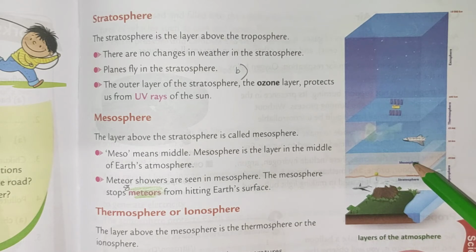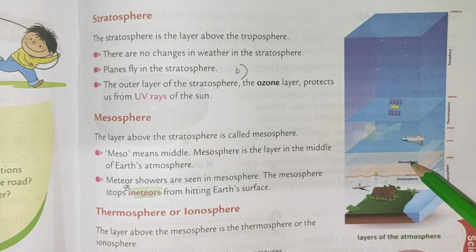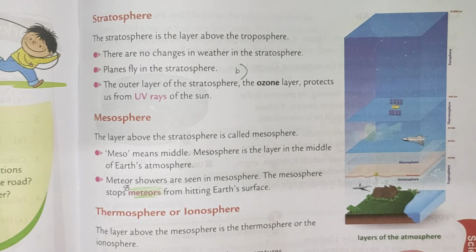The third layer or the middle layer of the atmosphere is the mesosphere. It is in this layer that meteor showers or the shooting stars are seen. It is the mesosphere which stops meteor showers from hitting Earth's surface.